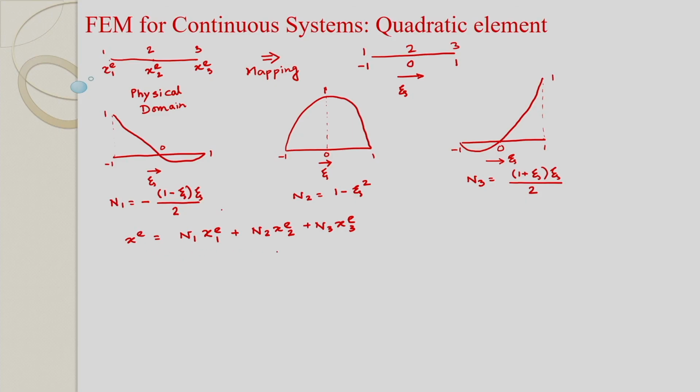Similarly, we will get the x coordinate of the second node and third node by putting xi equal to 0 and 1 in this expression. So, this is the variation of x along xi. This is the quadratic variation for the quadratic element.